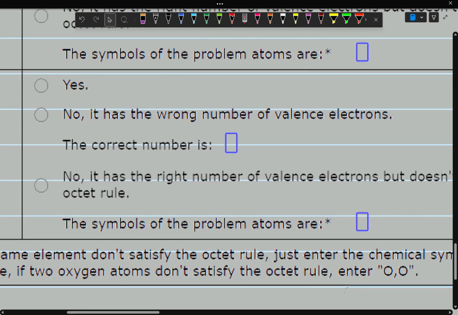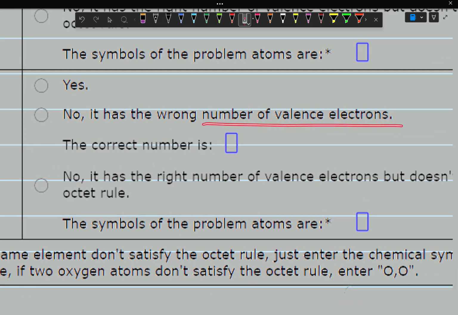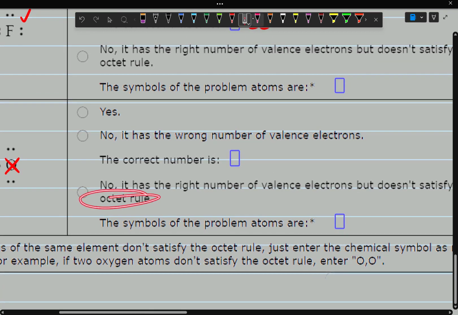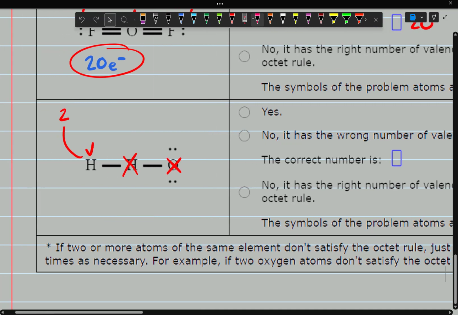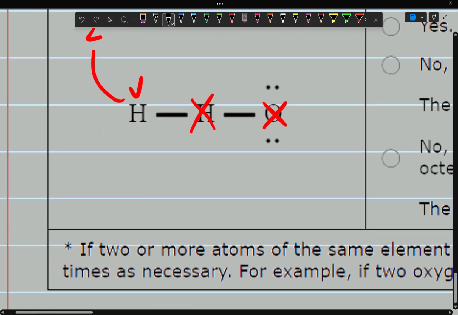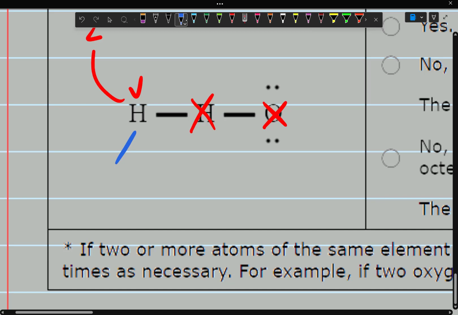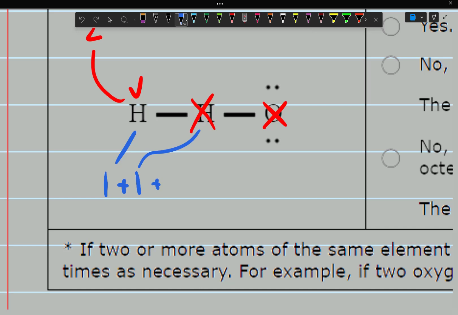So, moving on to our answers, does it have the correct amount of valence electrons? Well, we already know we're not going to select this answer because we've already found out that it doesn't satisfy the octet rule, so we know that's going to be our answer, but just for the heck of it, let's check. We have 2 hydrogens. Hydrogen is in group 1, so we should have 1 valence electron, plus 1 valence electron for our second hydrogen, plus our oxygen, which is group 6, so that'll have 6.